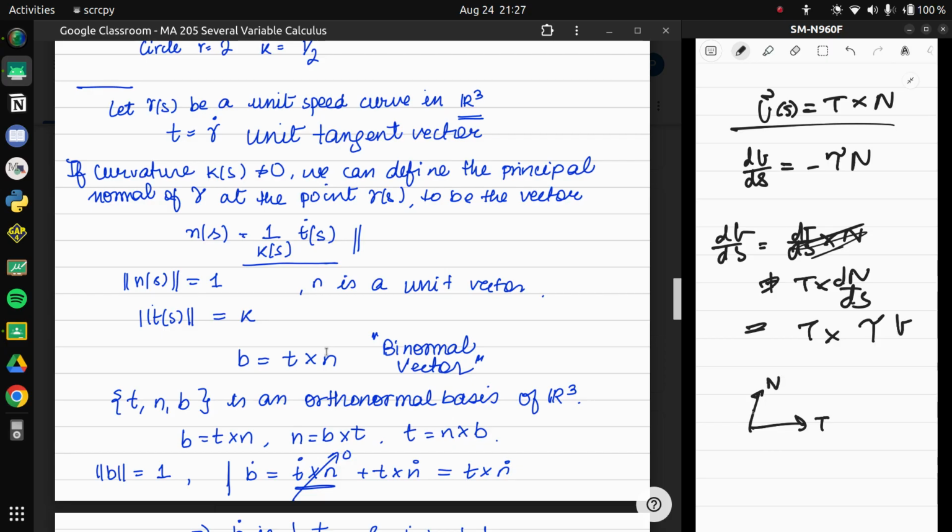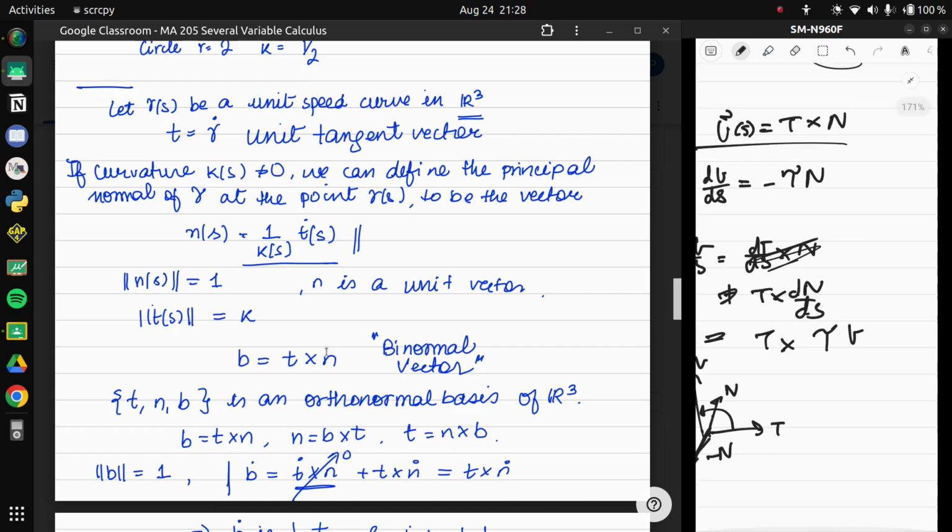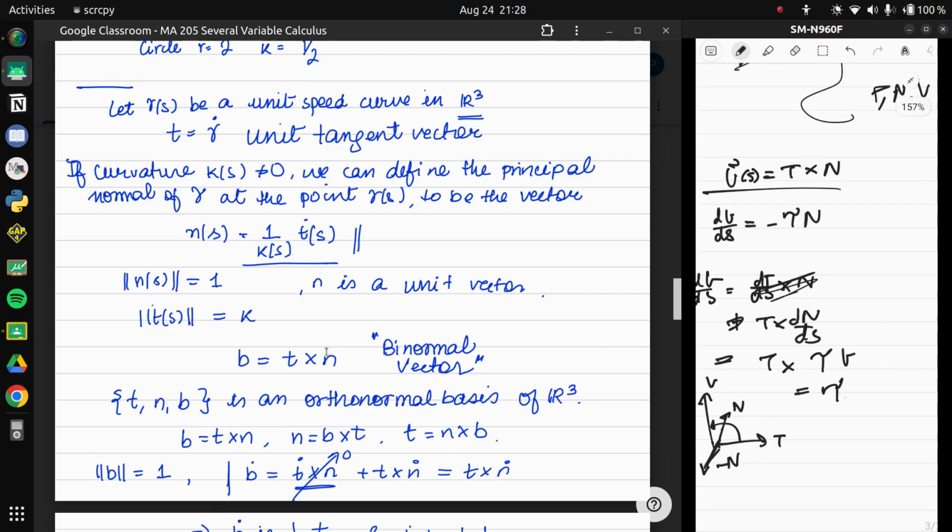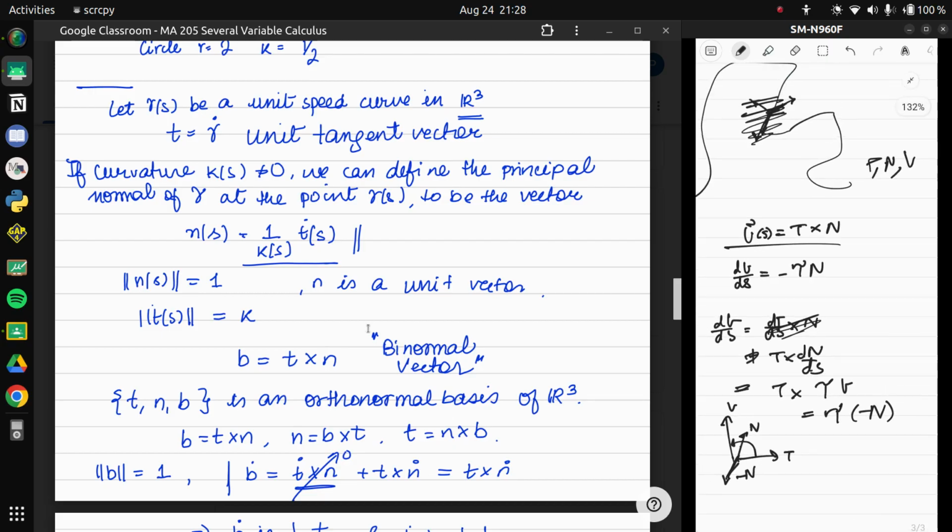This is really bad, but imagine this is our x, y, z axis or something like that. If this thing is t, this thing is n, then cross it, you just get b over here. So you are doing something like t cross b. So this stuff is going to give us negative n, right? So this is just happening to be tau times negative n. So that's why dB by ds is just minus tau n.